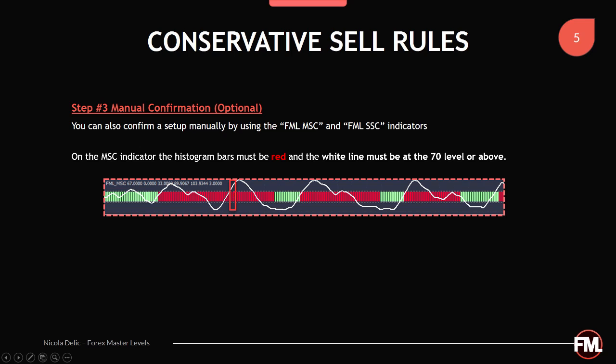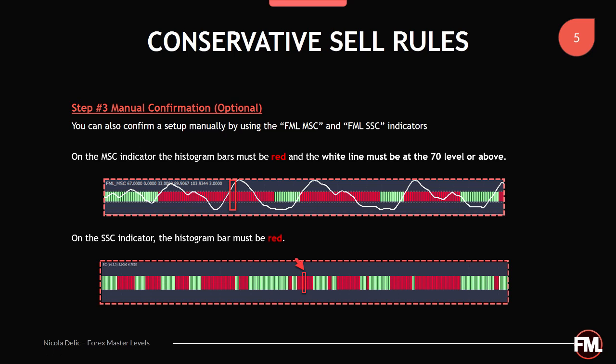So for the short setup, we need the bar to be red and this line to be above 70. So everything above this upper zone. On the SSC indicator, the histogram bar must be red, so you only need to see the red histogram and that's all you need. But still, our dashboard will do that for you.